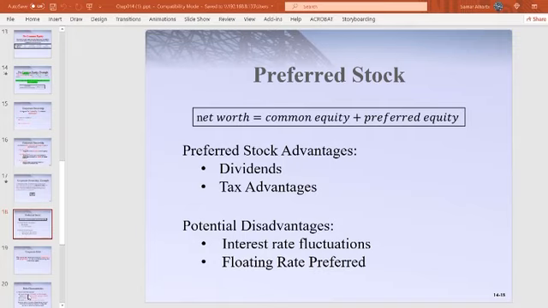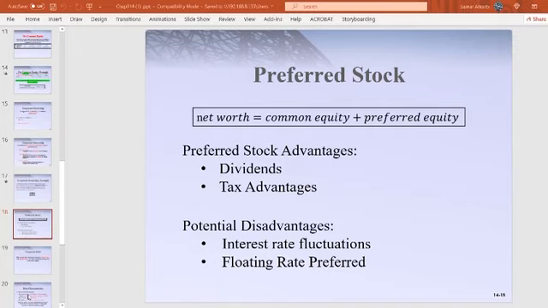However, preferred stock is like a contract. They are going to pay you fixed dividends every year or every 6 months. So they have an advantage over common equity. Whenever a dividend is going to be paid, they get money first and then common shareholders. If there is no money left, common shareholders will not get any money, right?